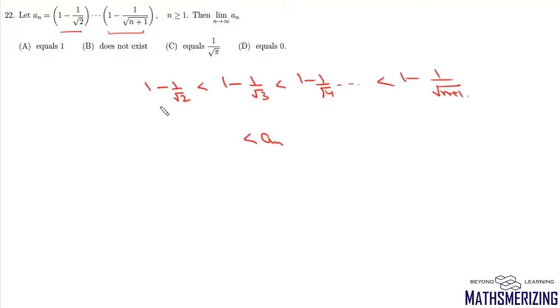Now we know that all the terms are greater than or equal to 1 minus 1 upon root 2. So if we replace all the terms in the product with 1 minus 1 upon root 2, we can say that an is always greater than (1 minus 1 upon root 2) to the power n. It will always be less than its maximum value. Maximum value is 1 minus 1 upon under root n plus 1, and then again n times.